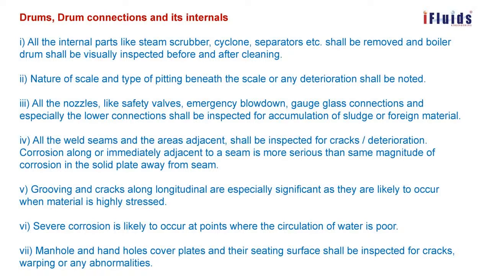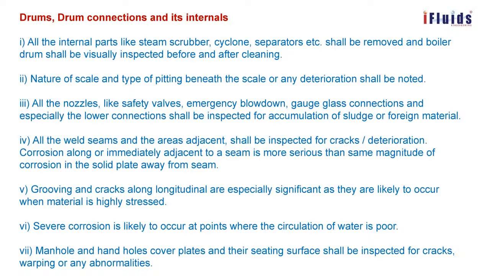The steam scrubber and cyclone separators are all internal parts of the drum, fixed to eliminate the water carryover along with the steam. Nature of scale and type of pitting beneath the scale or any deterioration shall be noted. All the nozzles like safety valves, emergency shutoff, blowdown, gauge glass connections, and especially the lower connection shall be inspected.